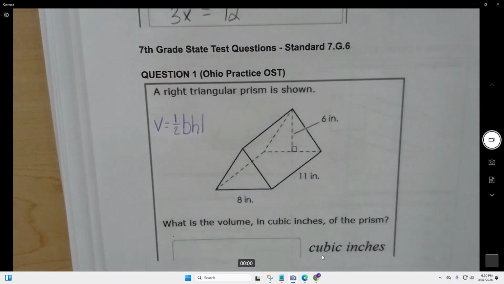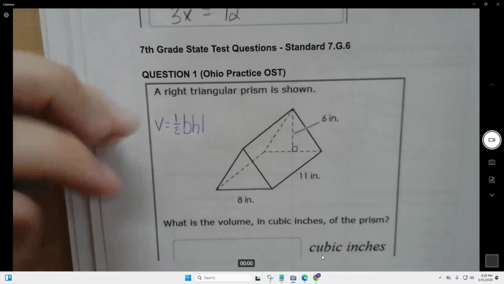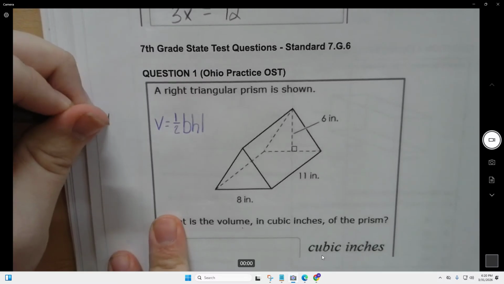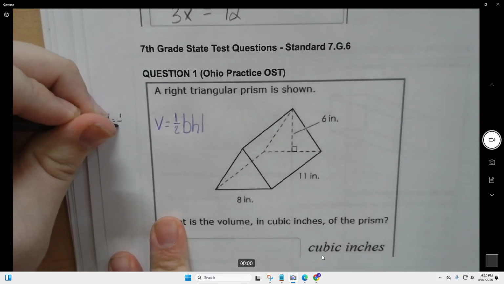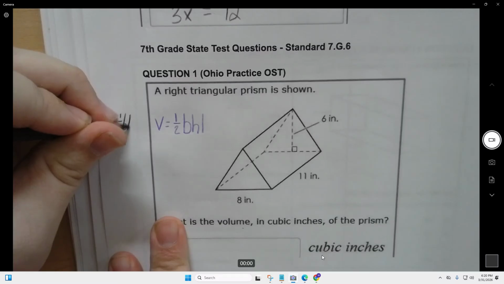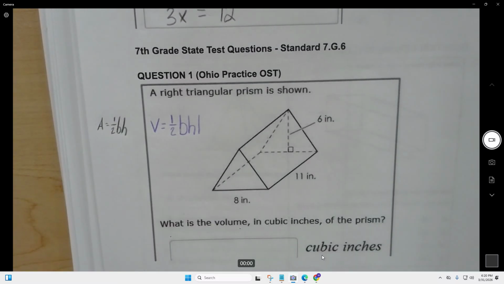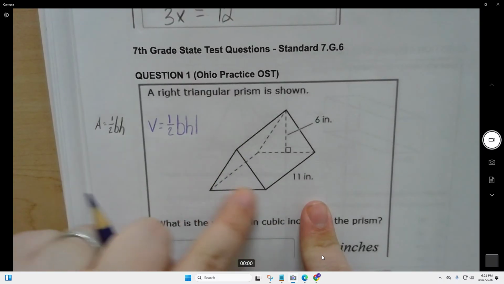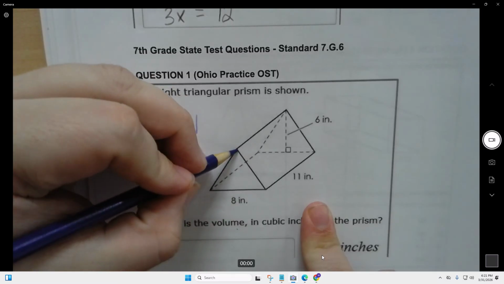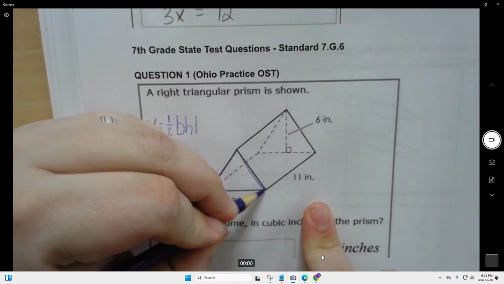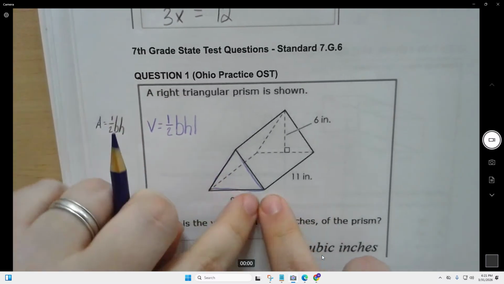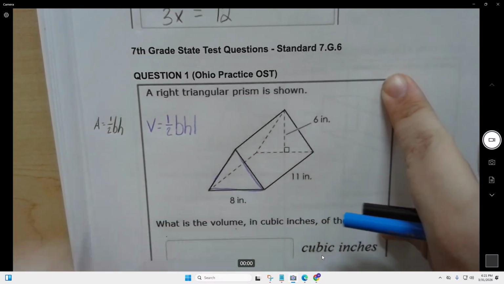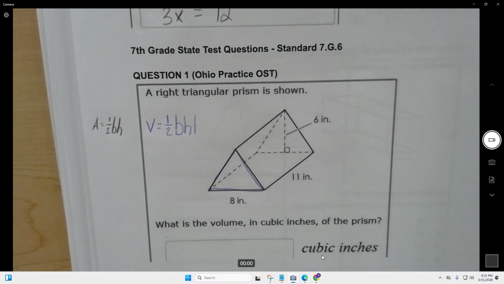Okay? And if you remember, the area of a triangle is 1/2 times base times height. All you're doing is also multiplying by the length, because you're taking the area of this triangle right here and accounting for the fact that this triangle extends out equal to that length.